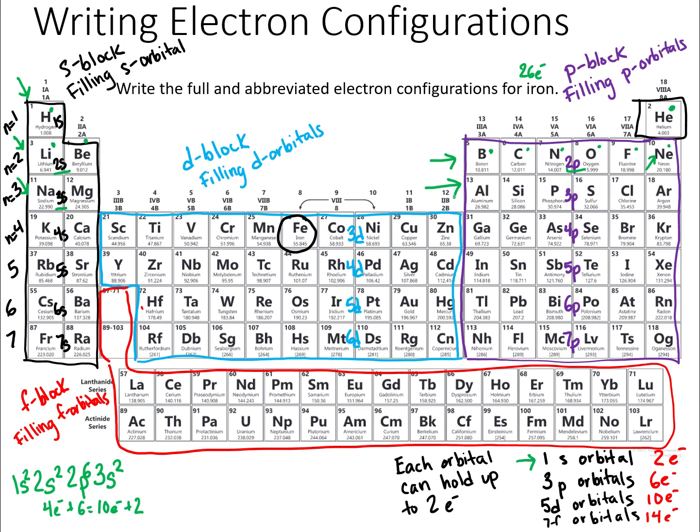So we did S. What's next? The 3p. How many electrons can I fit in the 3p sublevel? 6.